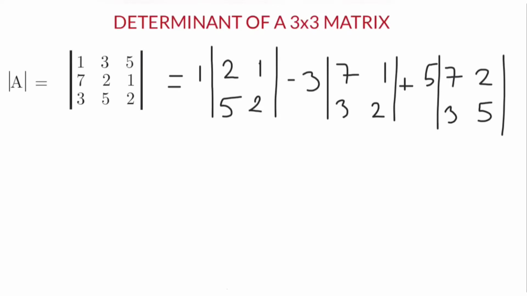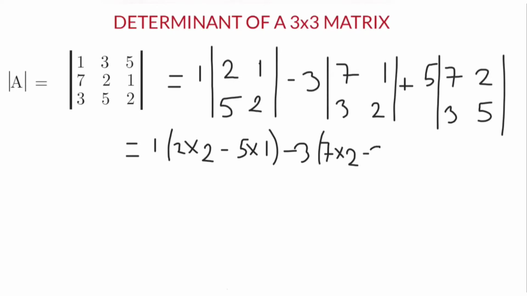Now what will be the determinant of this first 2 1 5 and 2? We can easily calculate the determinant of a 2 by 2 matrix. So it will be 1 times (2 into 2 minus 5 into 1), minus 3 times (7 into 2 minus 3 into 1), plus 5 times (7 into 5 minus 3 into 2).